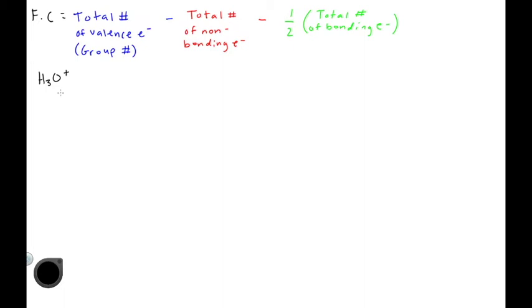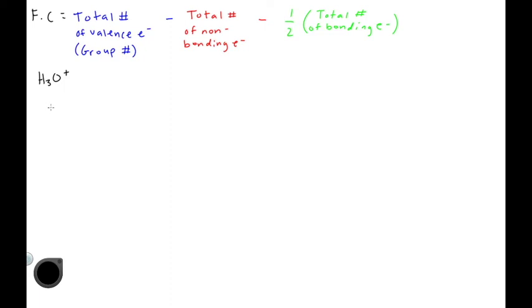So now let's calculate the formal charge on oxygen, since we're not concerned with the formal charges of the hydrogen atoms. So first we want to count up the valence electrons. There's going to be 6 valence electrons for oxygen because oxygen is in group number 6.